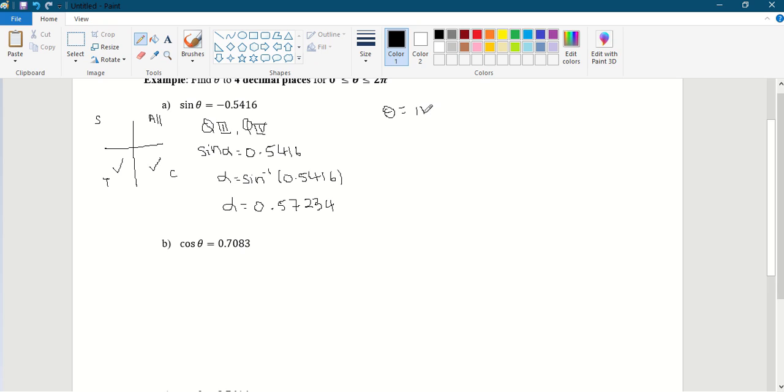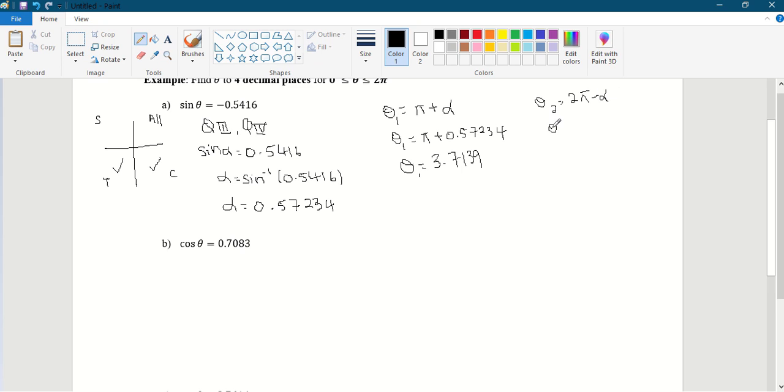Now in the third quadrant, as we saw earlier, theta is always pi plus alpha. So in our case, theta 1 equals pi plus 0.57234, and we get one of the answers to be 3.7139. Okay. Now theta 2 here, because it's in the fourth quadrant, theta 2 will be 2 pi minus alpha.